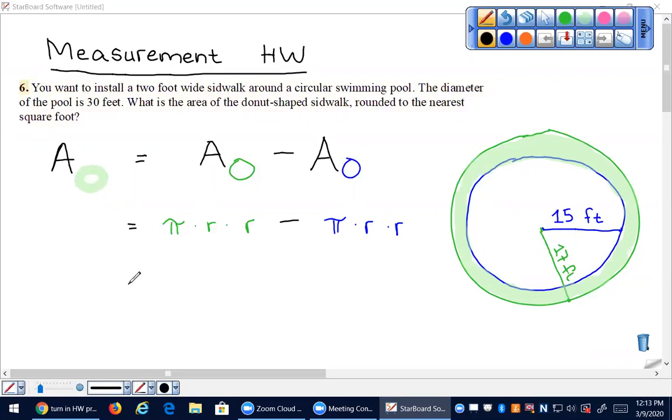On your third line, plug things in. Whoops, blue, blue, blue, blue. And then the last line, the calculator does all the work. So what is this? Pi times 17 squared minus pi times 15 squared.